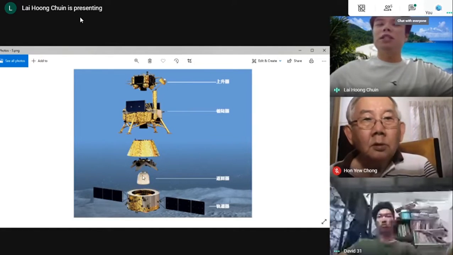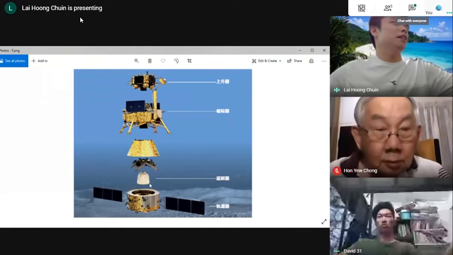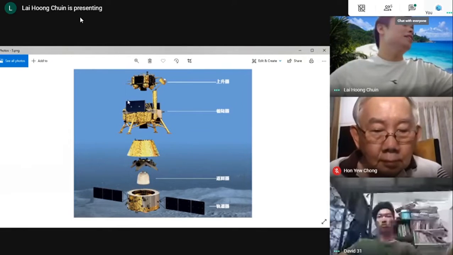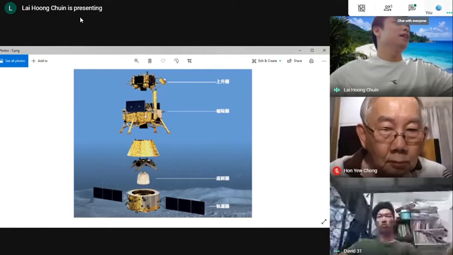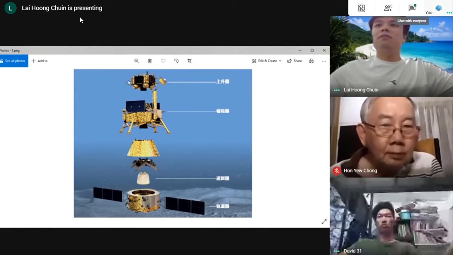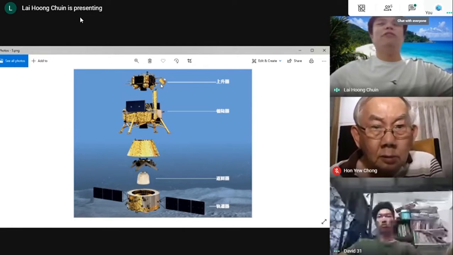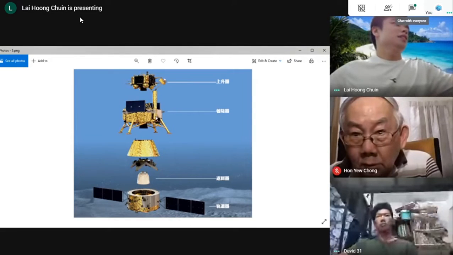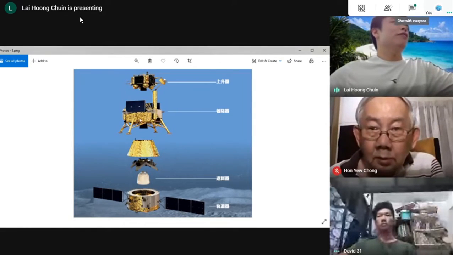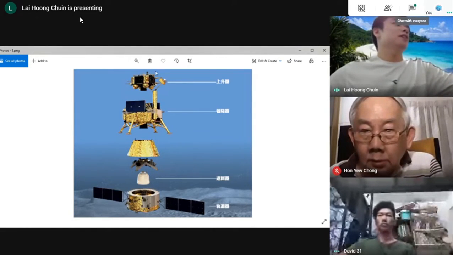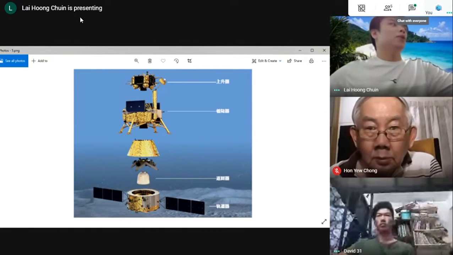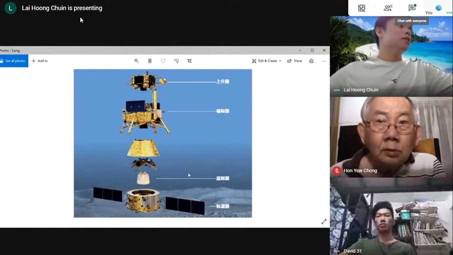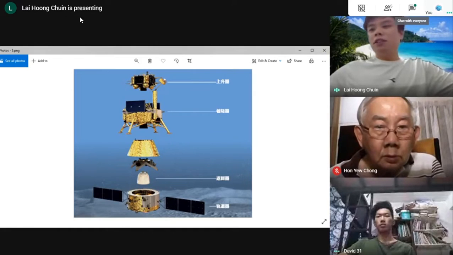That means the return mission will return to the Earth. This is a lander for Earth. This is the lander for Moon. And this is what I'll translate as the lifter. In Chinese, we call it 上升器, and it will take off from the moon surface, back to Earth. So this is what we see in the drawing.